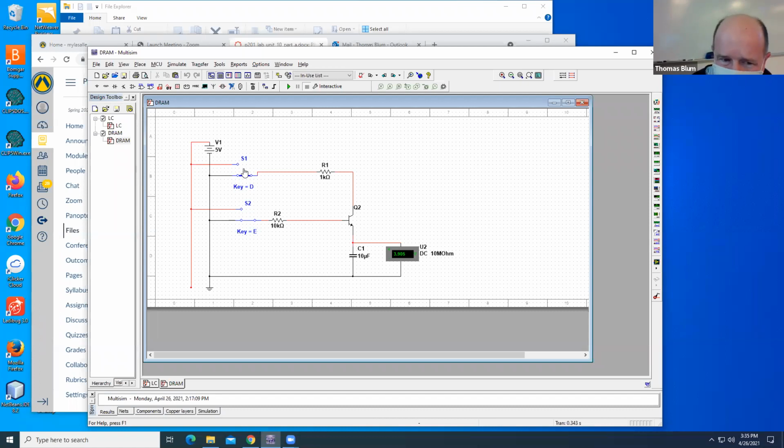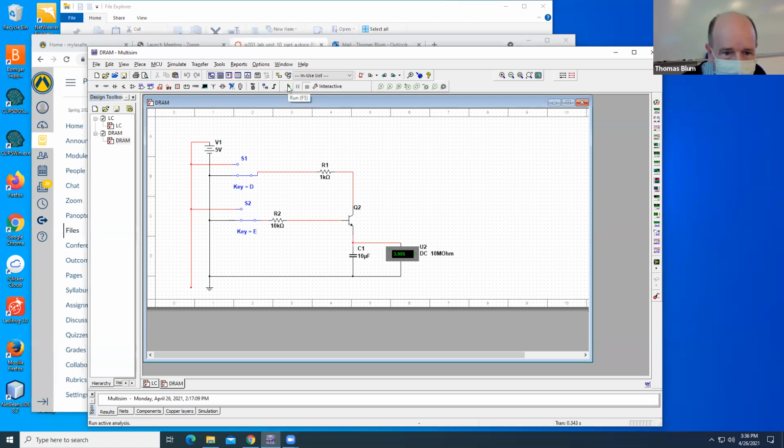And then D determines if it's high, it's setting. If it's a low, it's resetting. So I'm going to set E high, so I'm writing, and then D high, so I'm specifically setting. And then I'm going to hit E low, and that's going to put me in the hold state. And then I want to see what happens while I'm in the hold state.